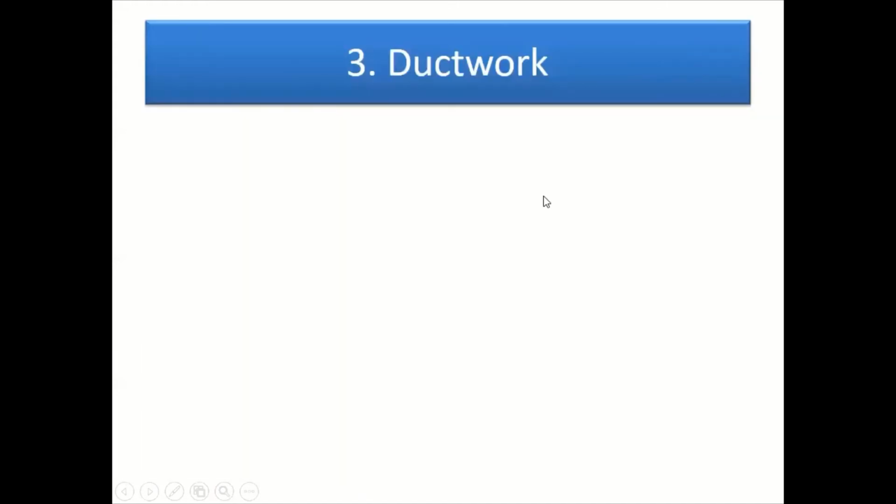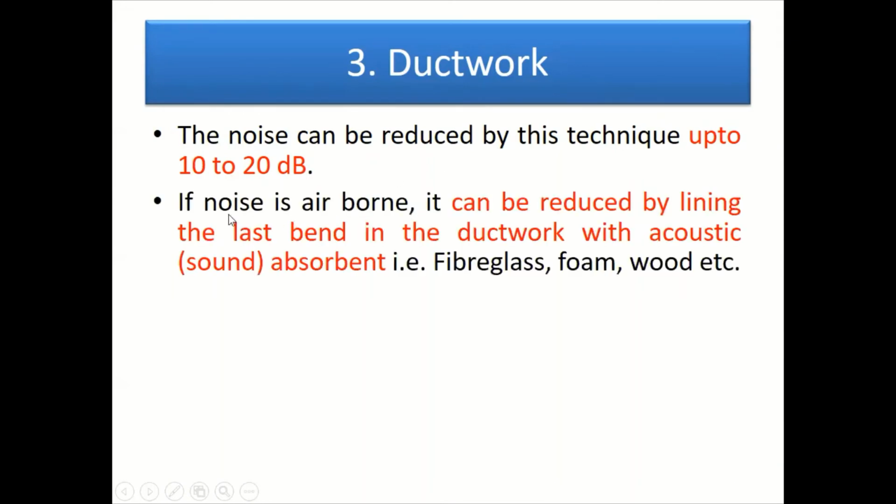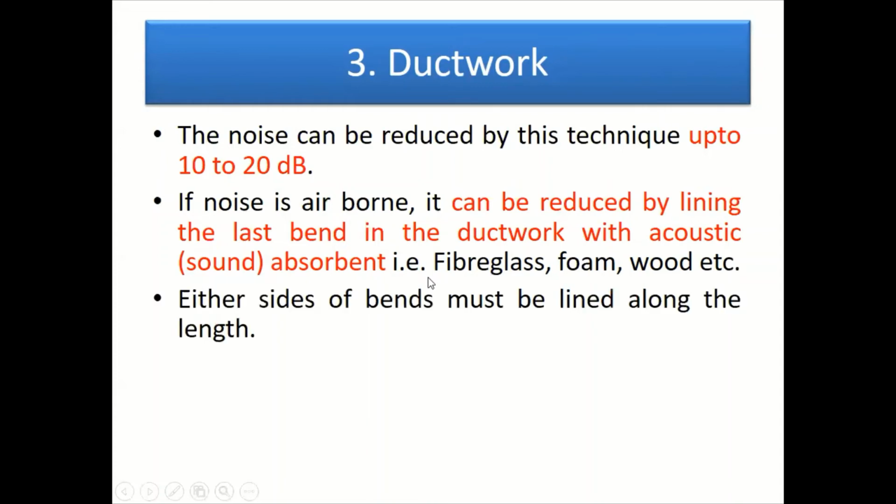The next is ductwork. The noise can be reduced by this technique up to 10 to 20 dB. If the noise is airborne, it can be reduced by lining the large vent in the ductwork with an acoustic sound absorber, that is fiberglass, foam, wood, etc. Either side of the vents must be lined along the length.